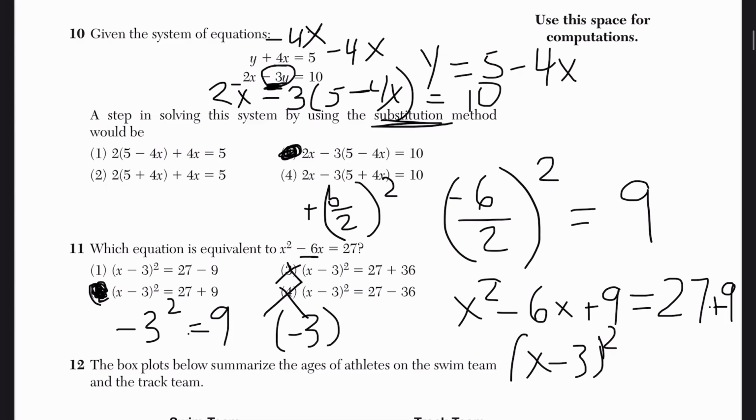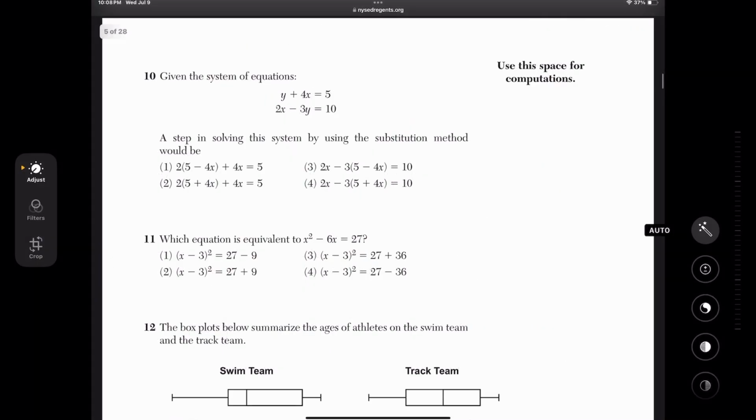Whoops. This is going to give you positive 9 because the calculator does exponents first, then multiplies it by this quote-unquote negative 1. But in this option, it's going to do negative 3 times negative 3, which we know is positive 9. So just really, really careful with your parentheses.